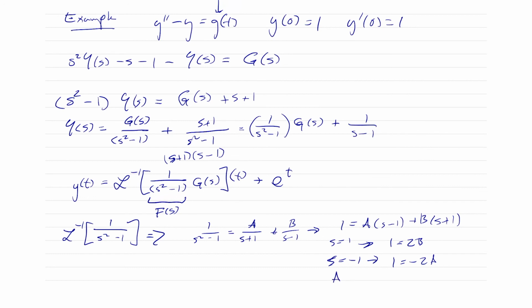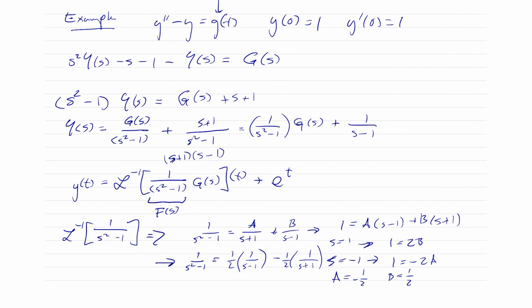So that tells us that a is equal to minus 1/2 and b is equal to just 1/2. And so that tells us that 1 over s squared minus 1 is equal to 1 over 2, 1 over s minus 1, minus 1 over 2, 1 over s plus 1. I exchanged a and b just because I like having positive things first.